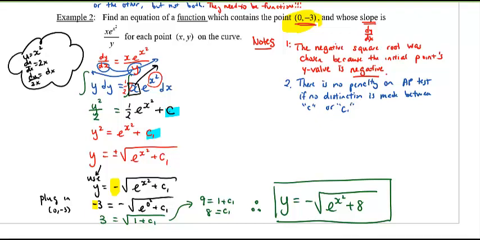Now, we decided to solve for c sub 1 at the end, but you didn't actually have to do that, okay? So my third note here is you don't really need to solve for c at the end. What could you have done instead?